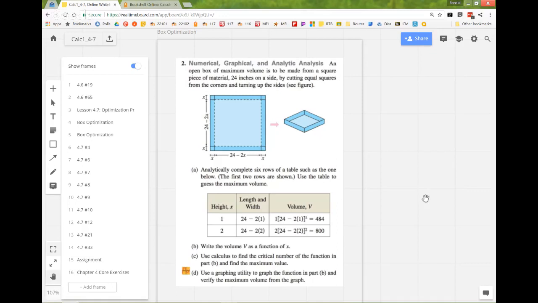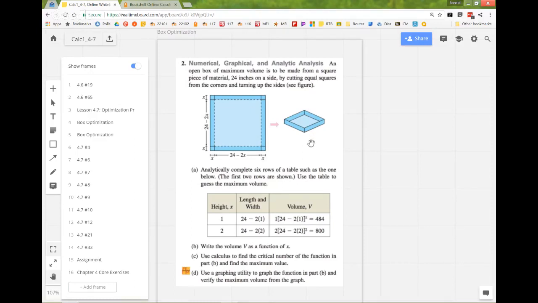So you cut out a little square, which in the diagram is labeled X. Cut that out, and then you fold up the remaining sides, and then fasten glue or whatever, but that'll give you an object like you see on the right here.